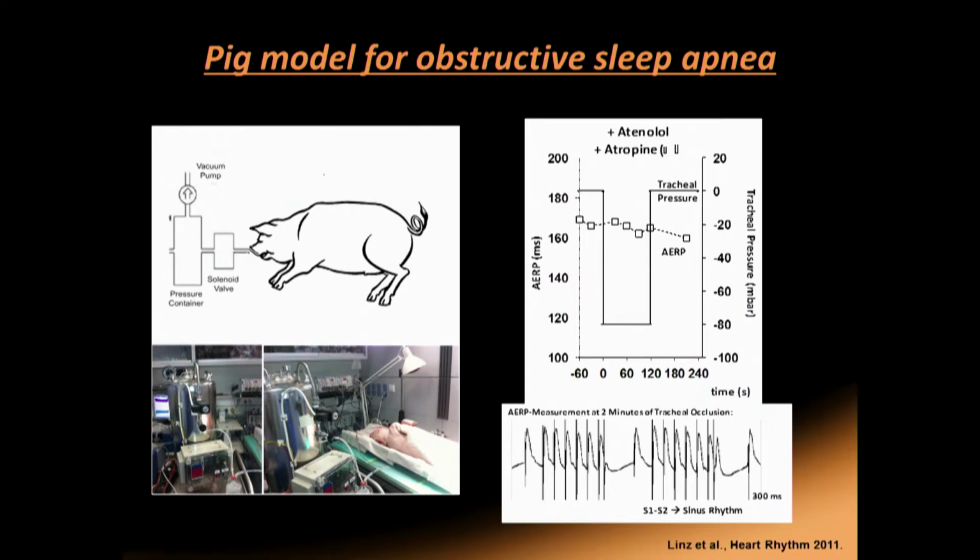Interestingly, when we applied atropine and atenolol, so when we blocked both sympathetic and parasympathetic activation, we could almost completely prevent the shortening, and AF inducibility by programmed atrial stimulation could also almost be completely prevented, really suggesting that obstructive sleep apnea leading to sympathovagal activation is mainly responsible for increased AF during apnea.